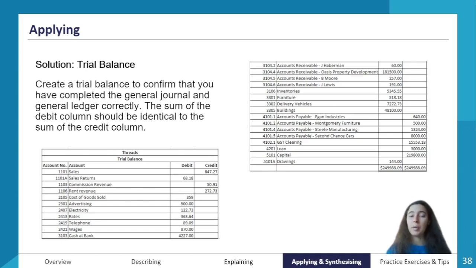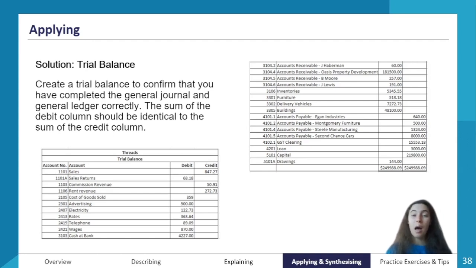That account doesn't appear here because it has a zero balance. So creating a trial balance is useful because it confirms that you've completed the general journal either correctly or incorrectly, and the ledger as well. You could have errors or one error in the general journal, or it could be in the general ledger, or it could be both.